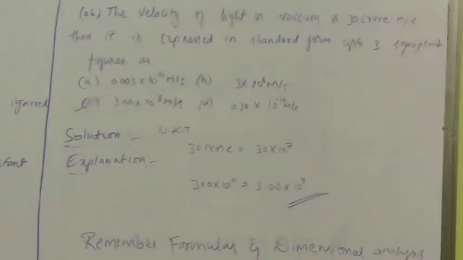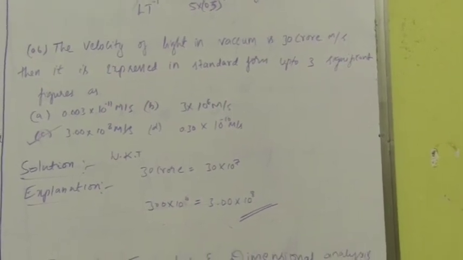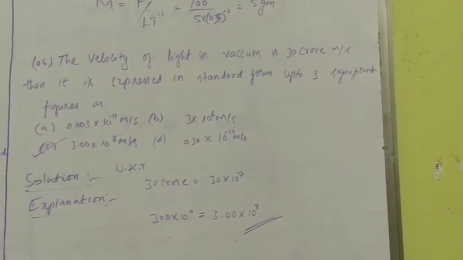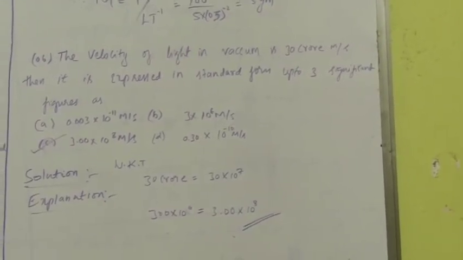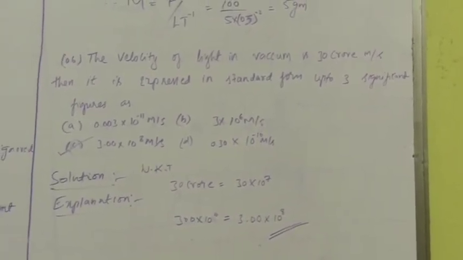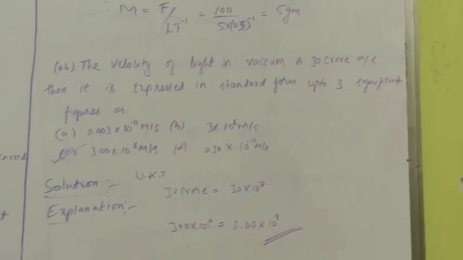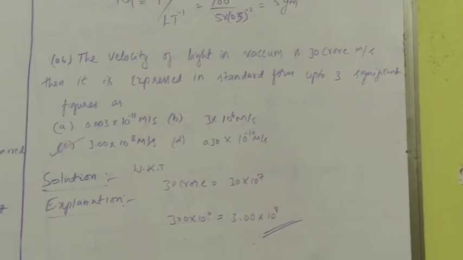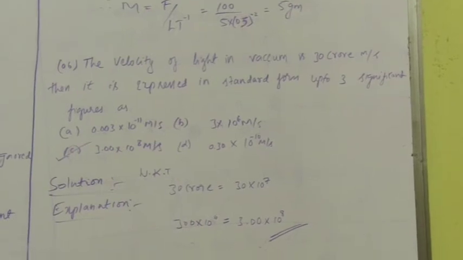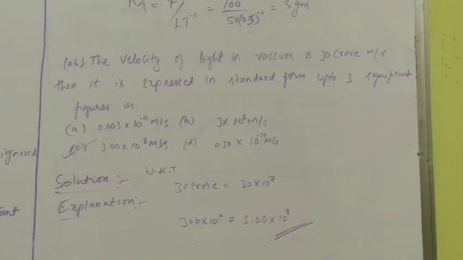Now, the velocity of light in vacuum they have given is 30 crore. It is expressed in standard form up to 3 significant figures. Here the 30 crores we can write as 30 × 10 raised to 7. But we must observe the options, what values they have mentioned here. In option A, 10 to the power of minus 11, 10 to the power of minus 6, 10 to the power of 8, 10 to the power of minus 10.